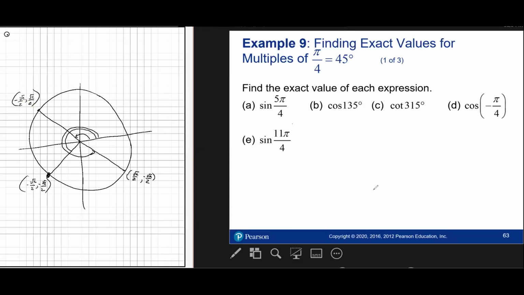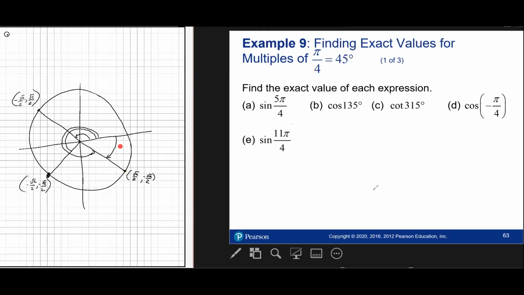Now, interestingly, a negative pi over 4 has the same terminal side, so it has the same coordinates on the unit circle.